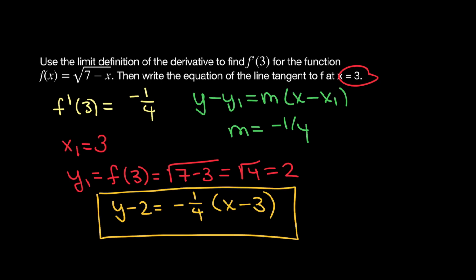And so plugging those values in, I get y minus 2 equals my slope, negative 1/4, times x minus 3. And that is my equation of the tangent line. It's in point slope form. It's perfectly fine for you to leave equations in this form. I think point slope form is a really nice form to write equations in.